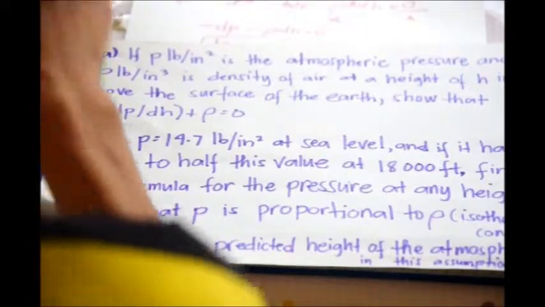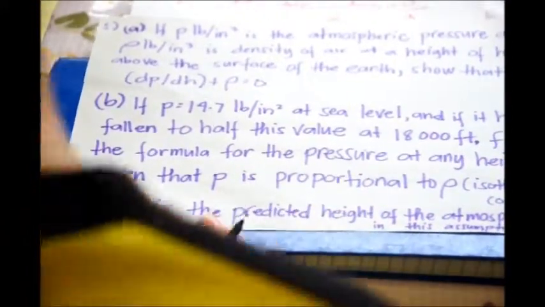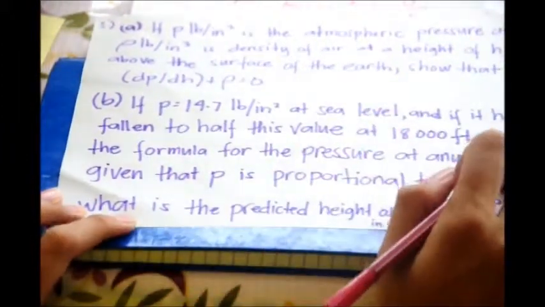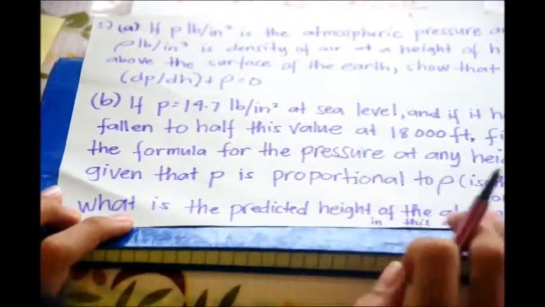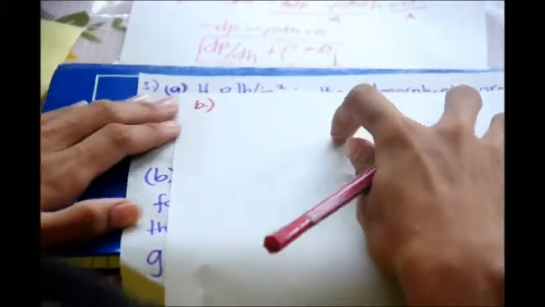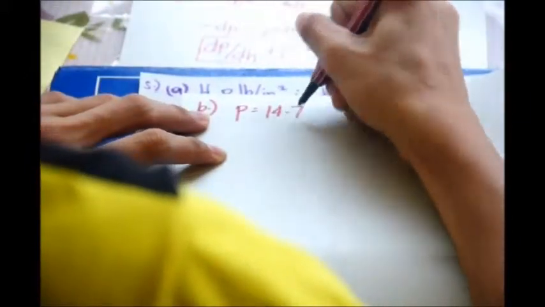For letter B, we're asked to find the formula for the pressure at any height and the predicted height of the atmosphere in this assumption. P0 equals 14.7.